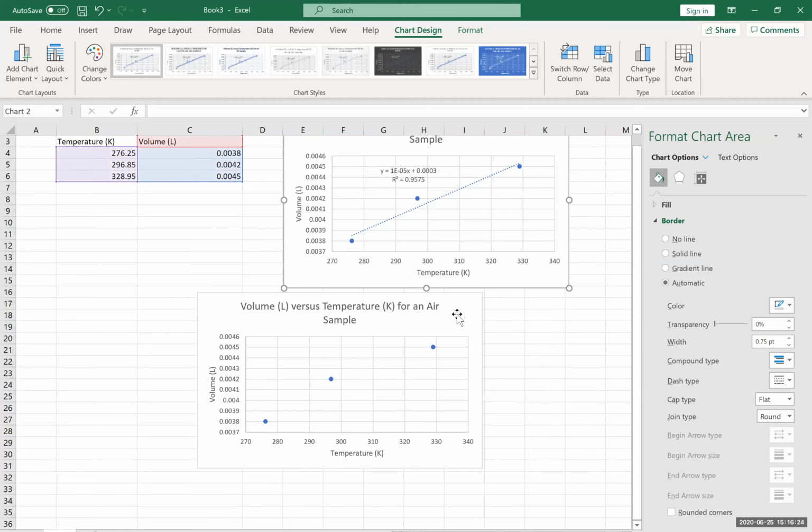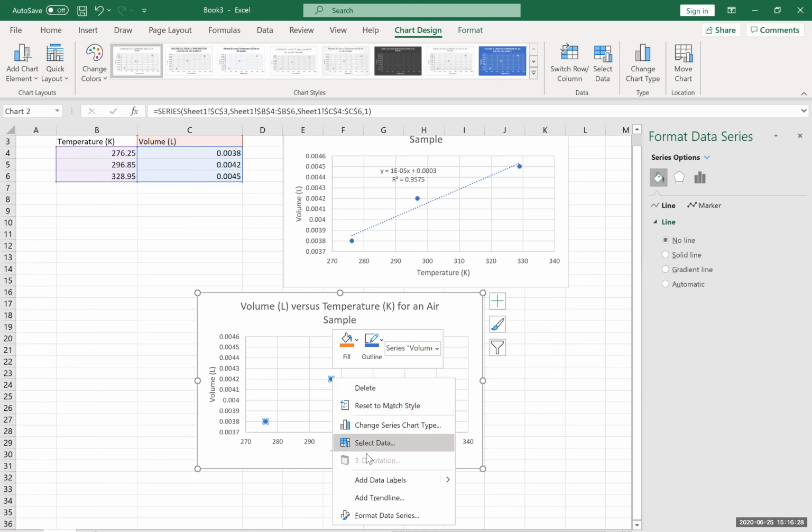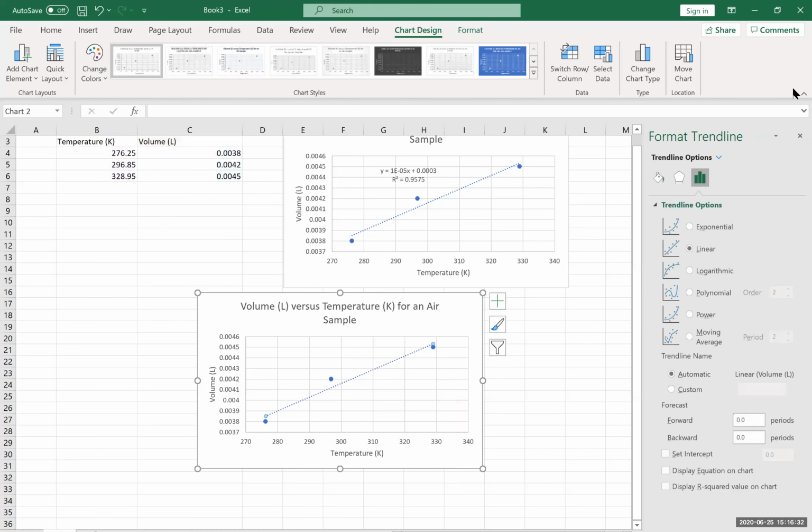And now what we're going to do is right click on our data. You'll see in the drop-down menu there's an Add Trend Line button. We'll click on that, Add Trend Line, and then there are multiple little drop-downs.